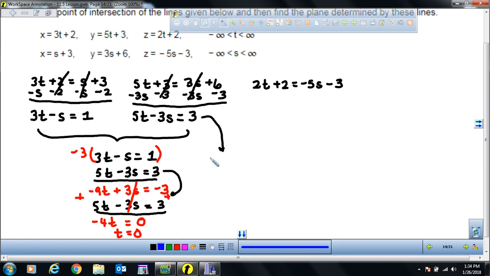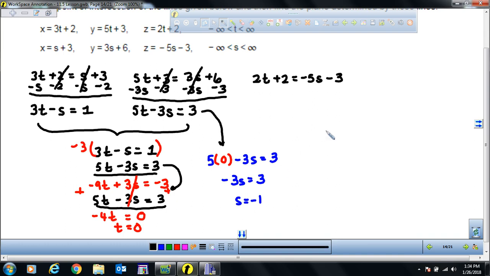We already know t is equal to 0, so I'm going to replace the t with 0 here. 5t minus 3s equals 3, so that would be negative 3s equals 3, so s equals negative 1.